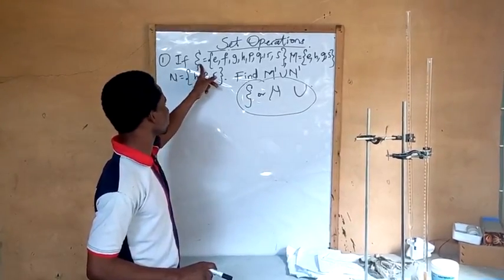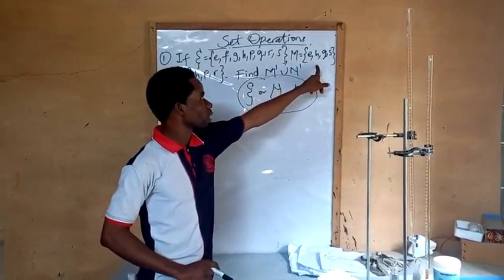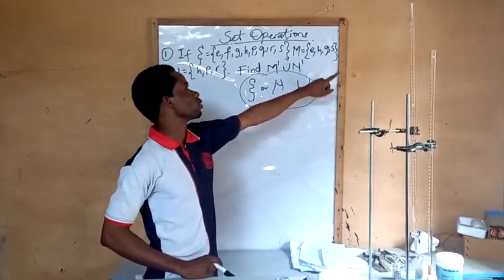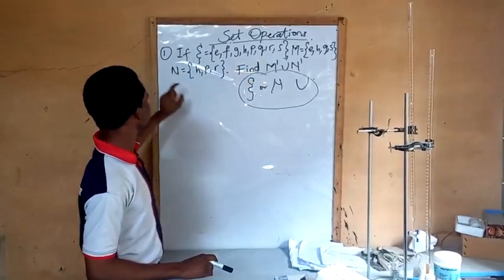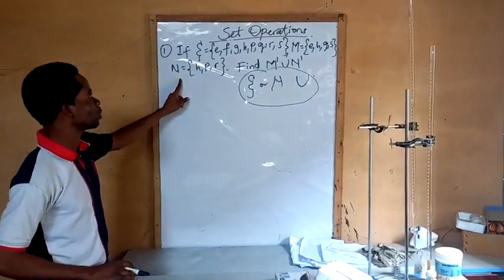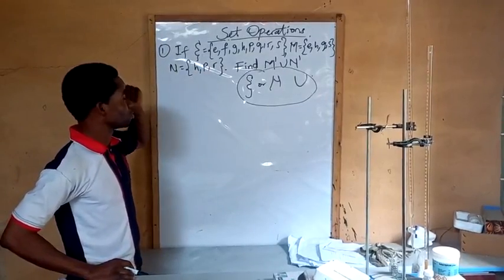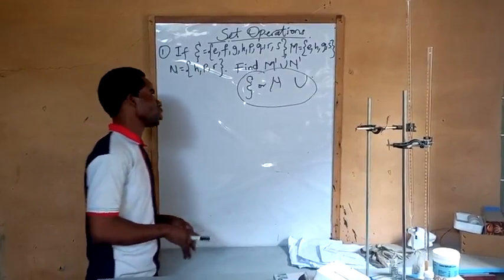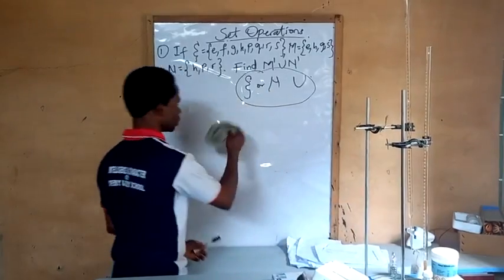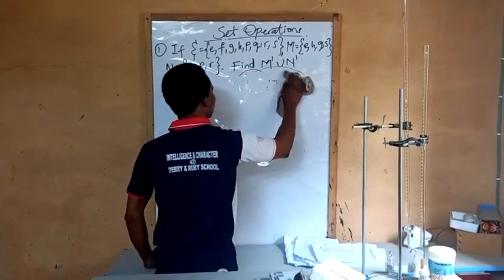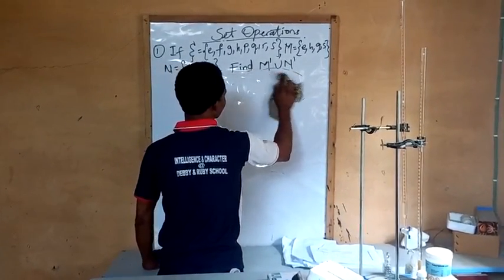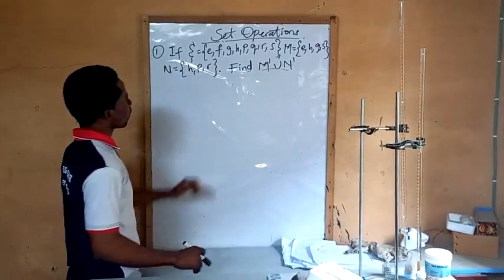Look at this one now. It's a universal set. Everything you find in M can also be found in this universal. Everything you find in N can also be found in universal. That's why they refer to it as the mother of all sets. Anytime you see universal, many sets will follow.